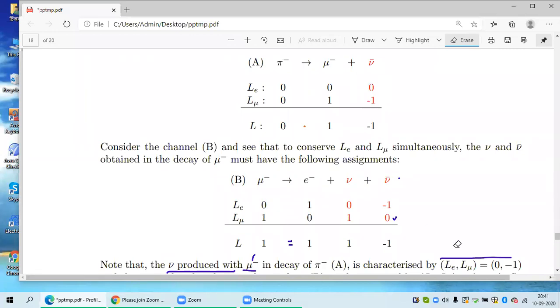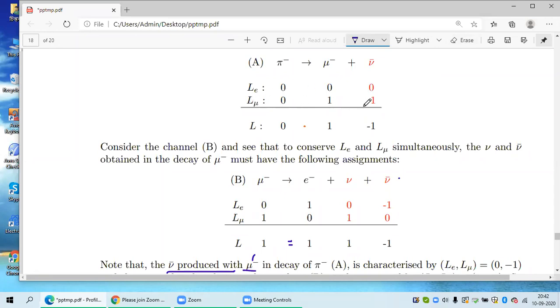So the most economic conservation of quantum numbers suggests that this nu and this nu should be different. Both are nu bar, both have L -1, but they are intrinsically different particles. One has an L mu value -1, and this has an LE value 0.